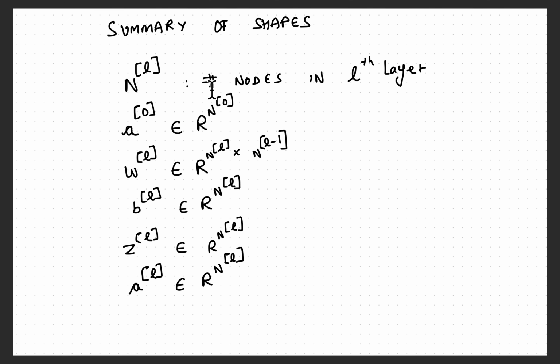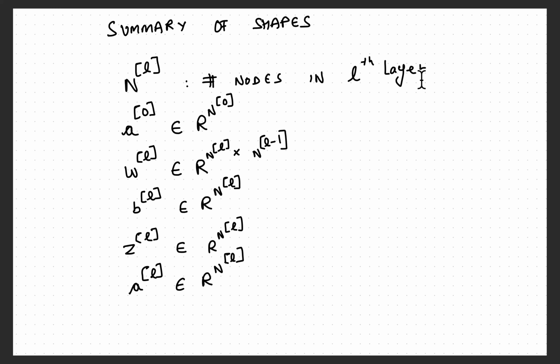So if we are to summarize the shapes for all of the parameters that we have seen thus far, I'll just reintroduce this convention. Capital N square bracket L means the number of nodes in the Lth layer.